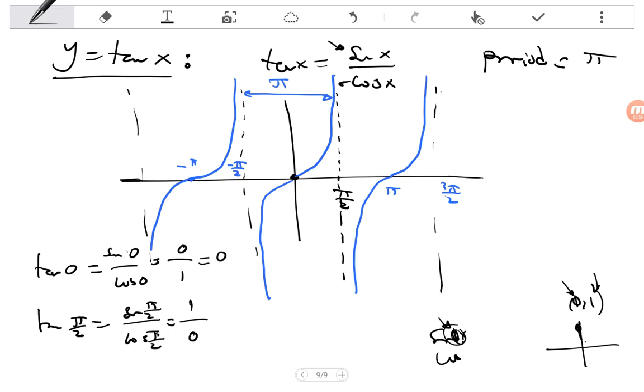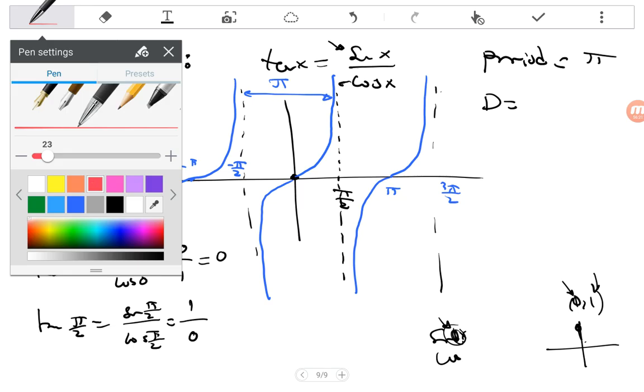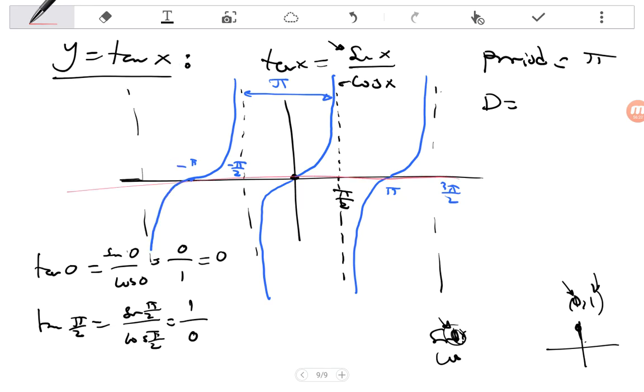Okay, what about the domain of that function? How to know the domain? We look at the x-axis.